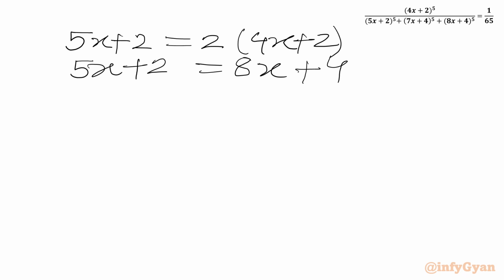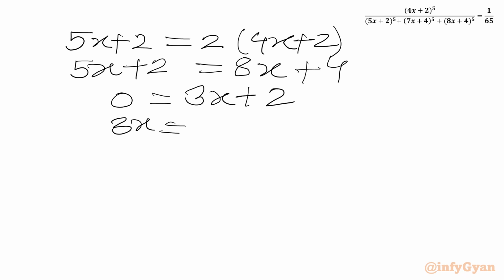Now we will take 5x to the RHS and 2 to the RHS also. So this side we will write 0. 8x minus 5x is 3x. 4 minus 2 is 2. Or we can write 3x will be equal to minus 2. So x will come out negative 2 over 3.